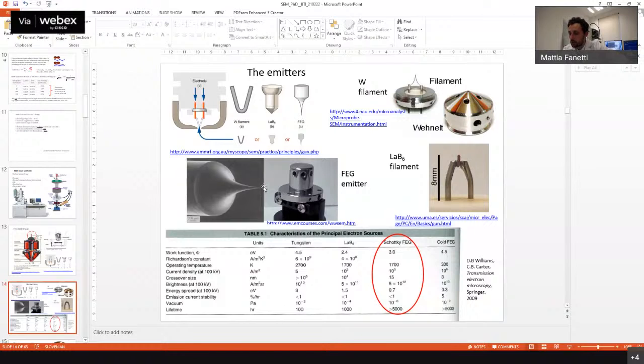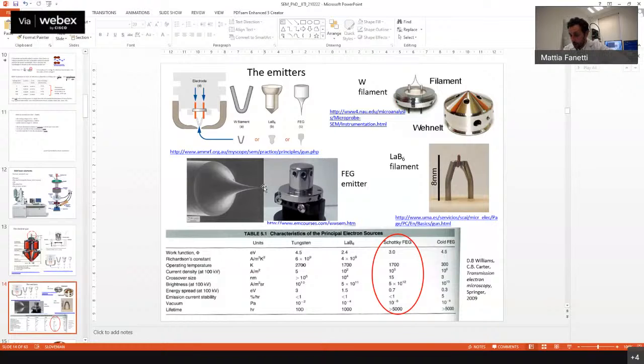And why do they use a cold emitter? Because in this case, the beam is even more monochromatic, because you don't even have the thermal broadening of the energy of the electrons, okay? And this is required if you do some particular spectroscopy where you need a very monochromatic electron beam.